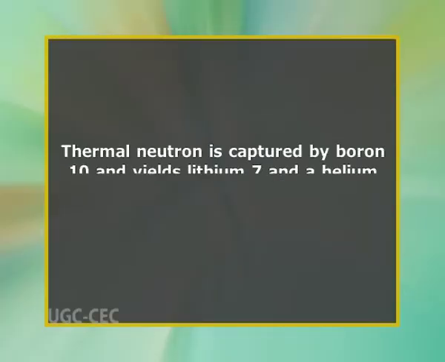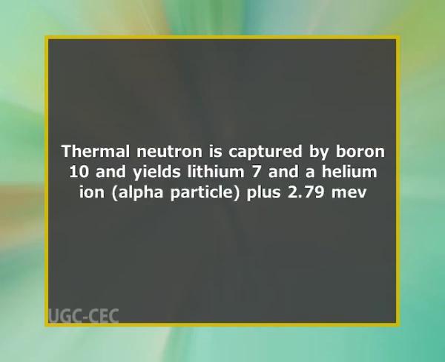A broad beam experimental area located at the end of a thermal column is available for whole body irradiation. One of the most promising new techniques of cancer treatment is based on the capture of thermal neutrons by an element such as boron-10. A thermal neutron is captured by boron-10 and ultimately yields lithium-7 and a helium ion plus 2.79 MeV energy in the reaction.